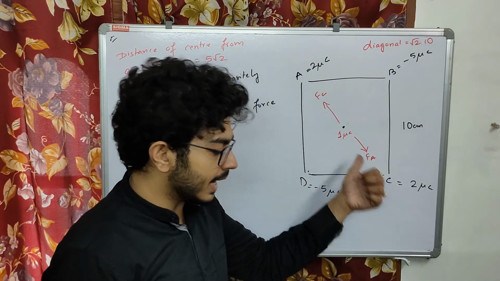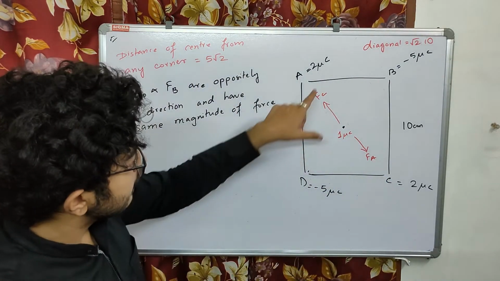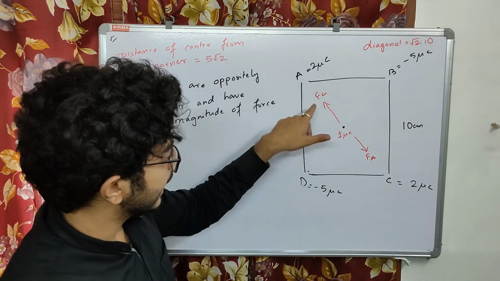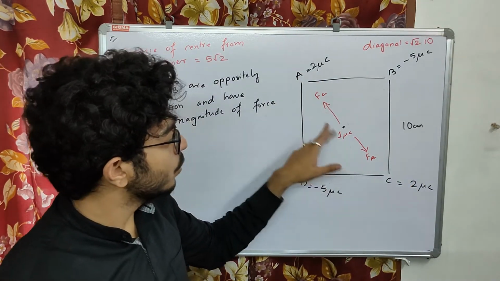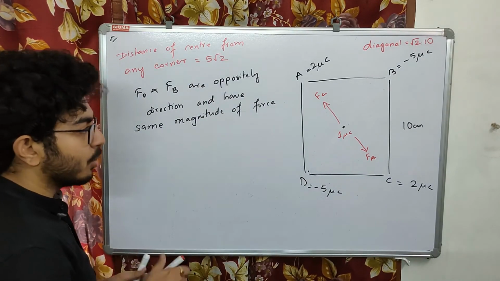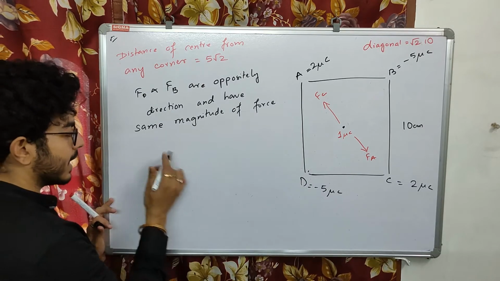Now FC and FA, just see, this is 2 microcoulomb, this is 2 microcoulomb. Here also FA and FC will be same. Why? Let me elaborate. This is also the same case.